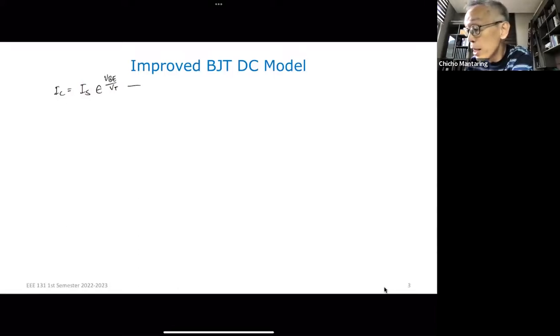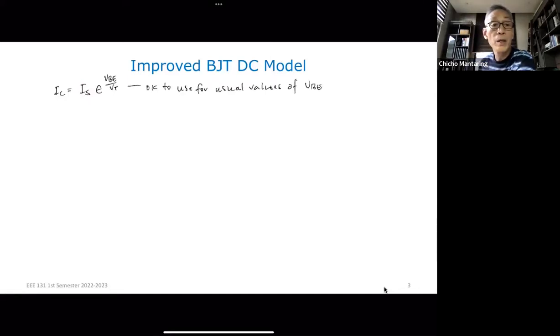Now this is okay to use for the usual values of VBE. Now what if the values of VBE are small? If the values of VBE are small, then we have to go back to the original Shockley form.